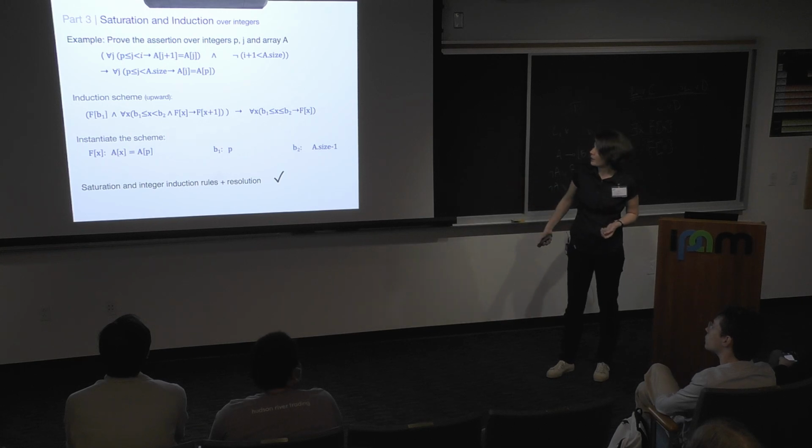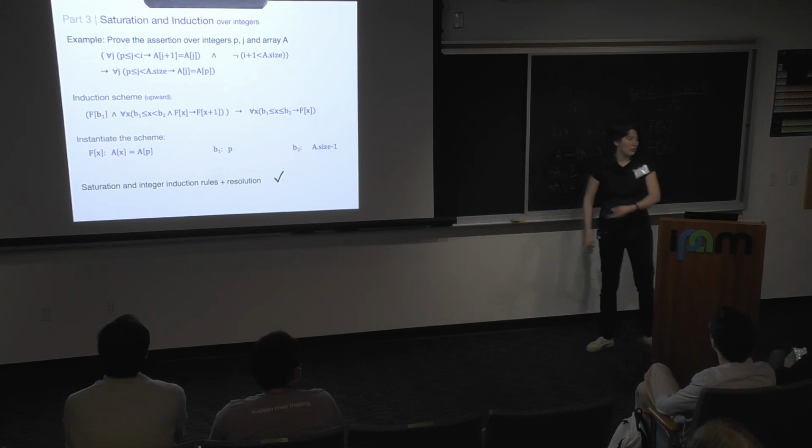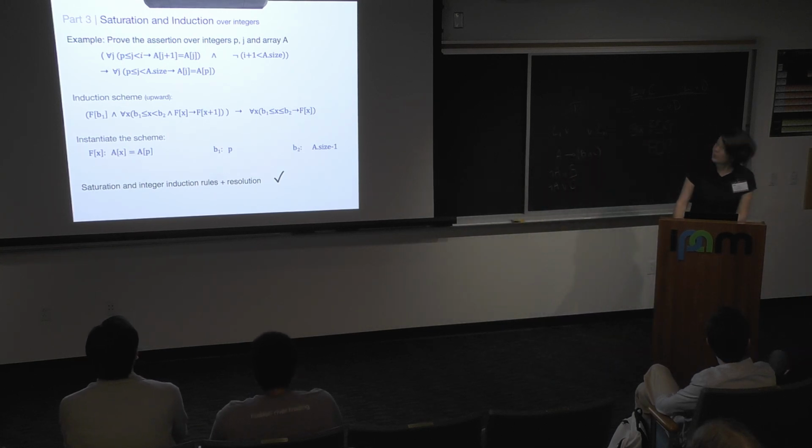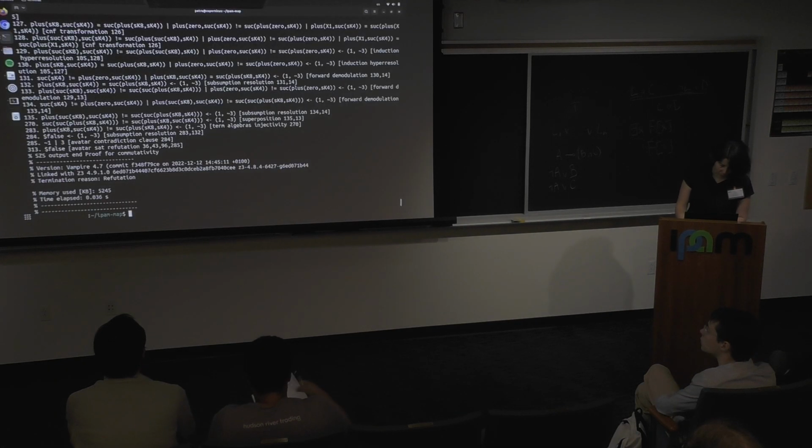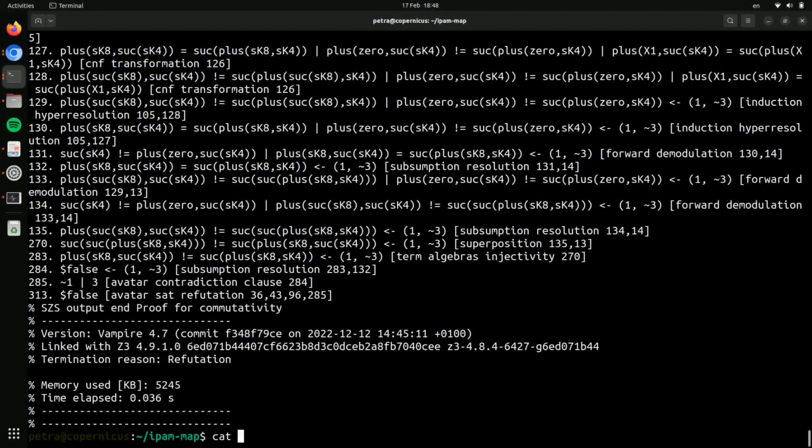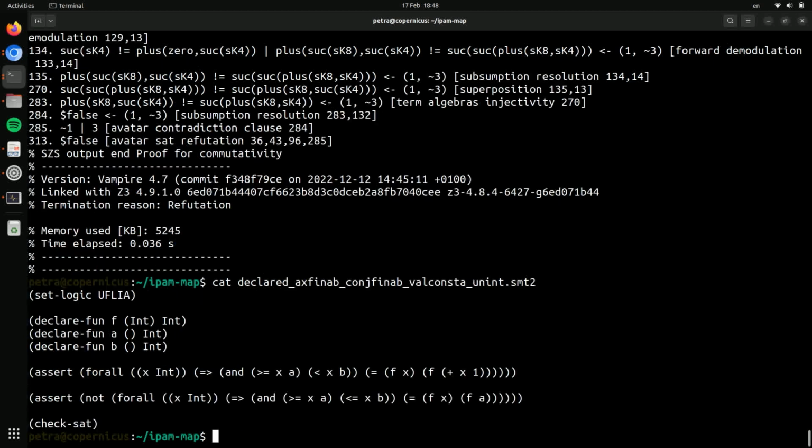And then we apply saturation with these induction rules and resolution. And I can, again, show you how it looks like. Here I'm using a bit simplified version of it because otherwise we'll be here for a longer time. What we can do is now use the integer induction.